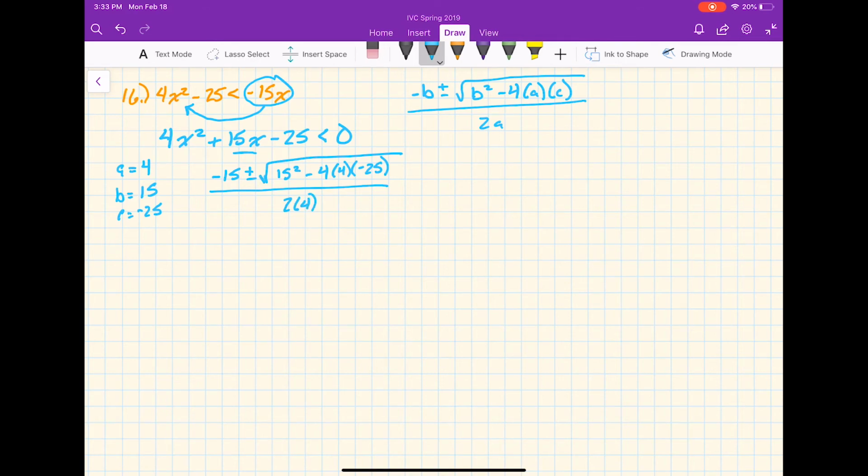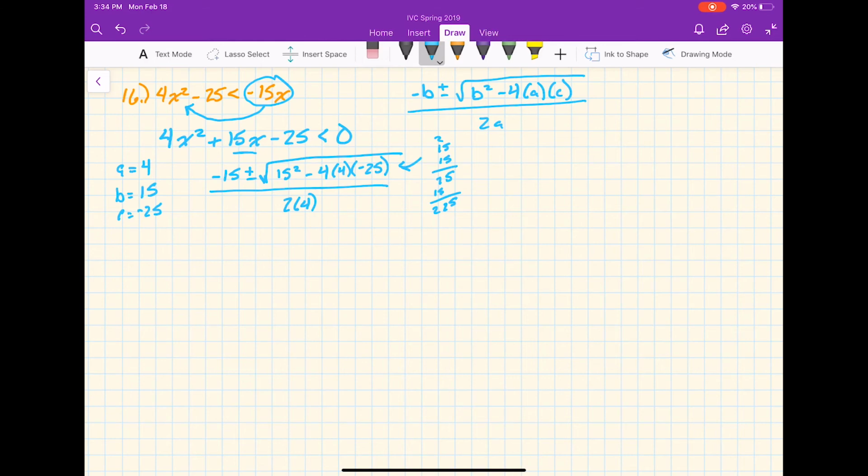All right. So let's just look at the part that's inside the radical here and try and get that into a nice, neat package. So 15 squared is going to be 15 times 15, which is 225.